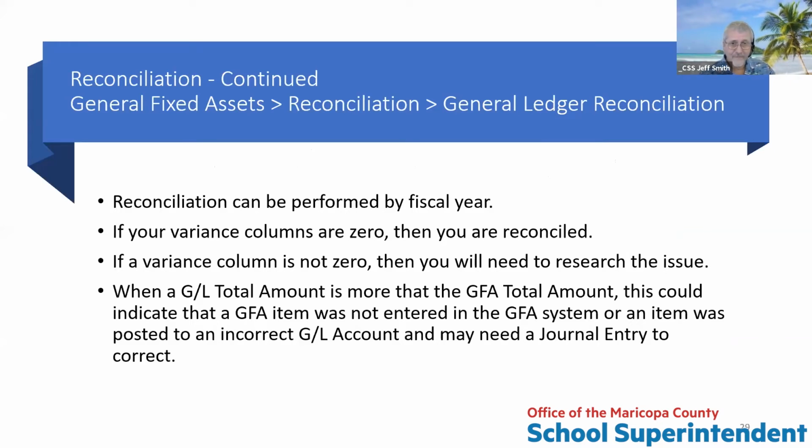So some examples are if the GFA total is higher than the GL side, then maybe something was entered and it wasn't in GL, or maybe on the GL side it was posted to a wrong account that you're not searching for in your mask. So you could either need to change your mask or find out why the item was posted if it wasn't supposed to, but you get the idea.